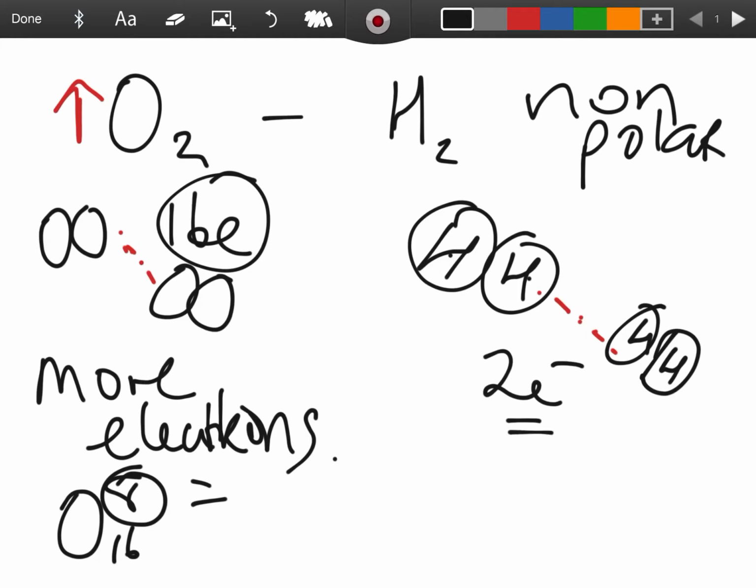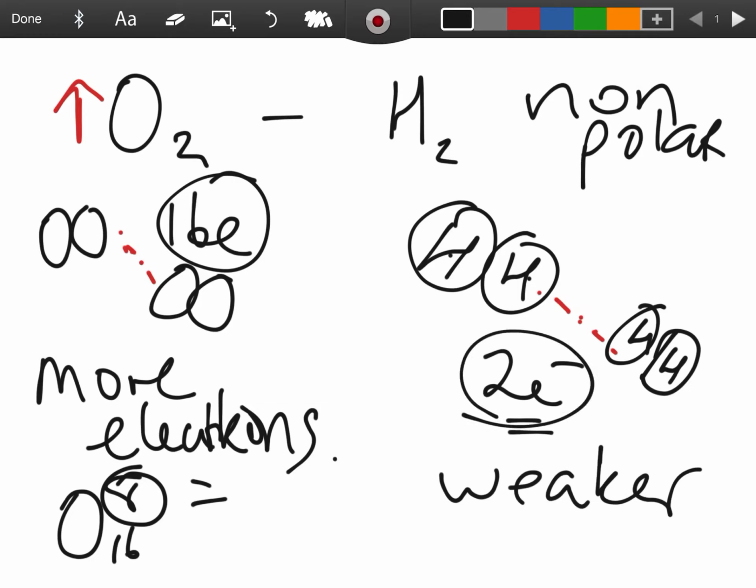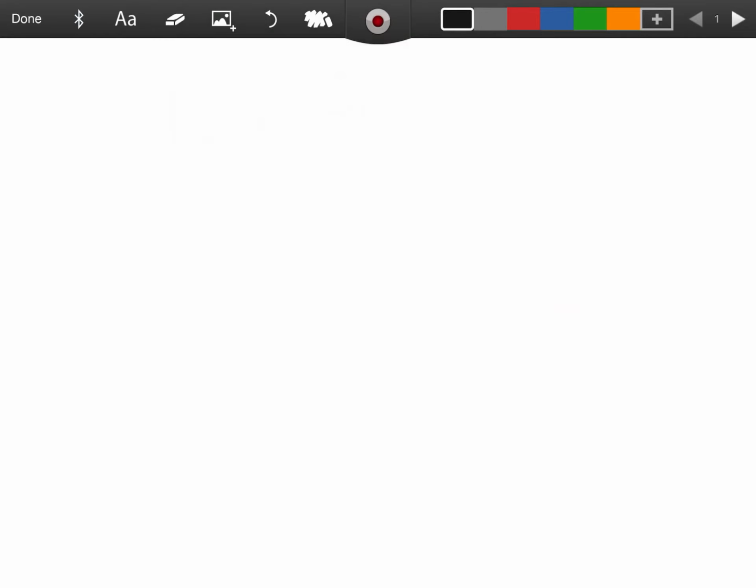With hydrogen you have much weaker van der Waals. So you need to state that the van der Waals forces are weaker because hydrogen only has 2 electrons. The temporary dipoles that can be set up in hydrogen are much weaker than the temporary dipoles that you can set up in oxygen.